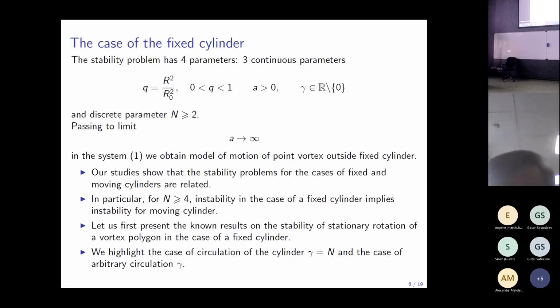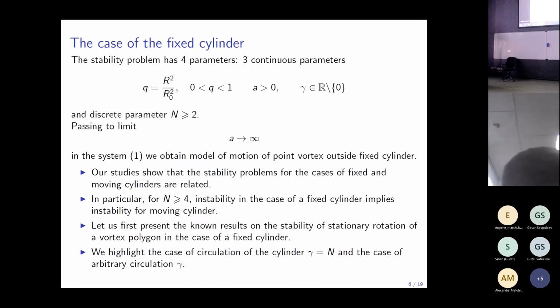Passing to the limit A to infinity in the system 1, we obtain the model of motion of point vortices outside a fixed cylinder. Our study shows that the stability problems for the cases of fixed and moving cylinders are related. In particular, for n more than or equal to 4, instability in the case of a fixed cylinder implies instability for a moving cylinder.